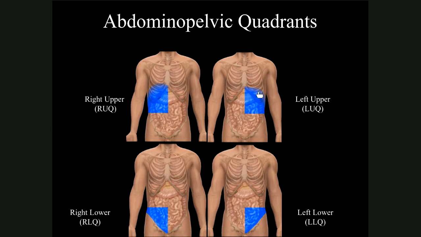In the left upper quadrant, the other half of the stomach, remember the spleen from the lymphatic immune system was also found in the left upper quadrant. Your descending colon, which will be here. In the left lower quadrant, you're going to find your sigmoid colon. That's a part of your large intestine will be found there, and some of the urinary bladder.